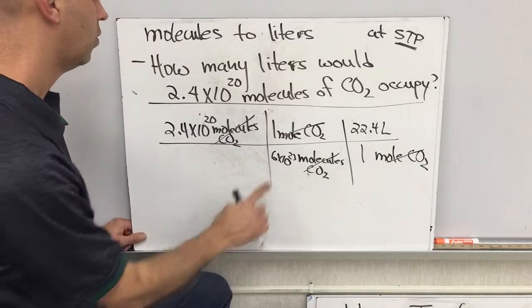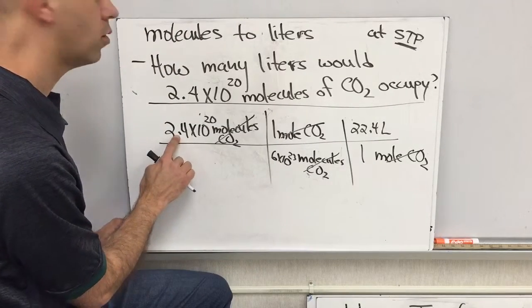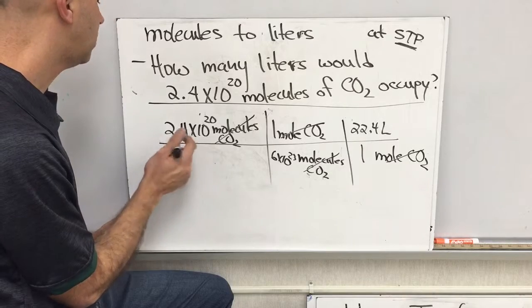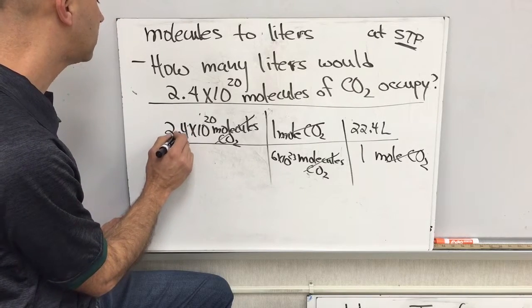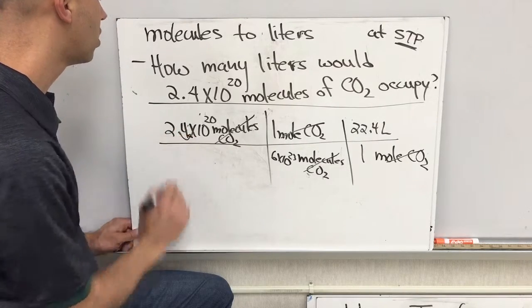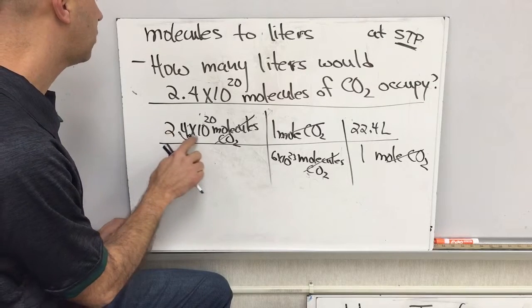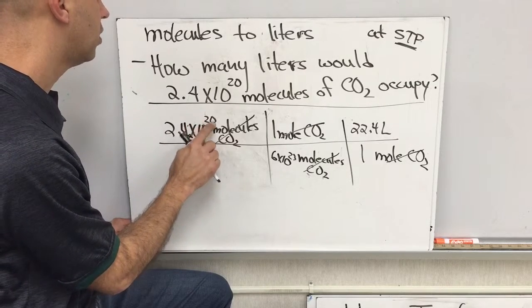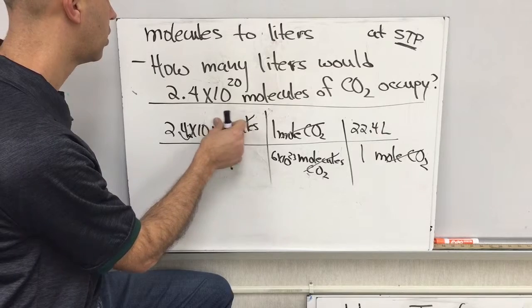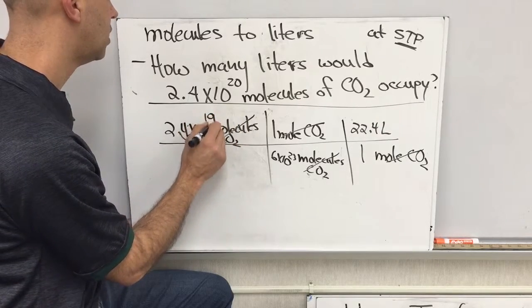And now I'm going to do my math. Well, I've got a 6 over here, and I've got a 2.4. So what I can do is I can cancel the 2, I can move this 2.4 and make it a 24. Okay, if I make this number bigger, I have to make this number smaller. So now it's 19.